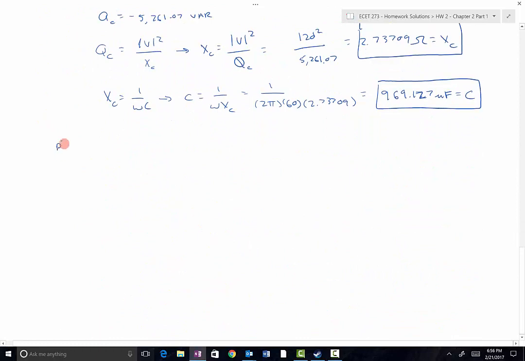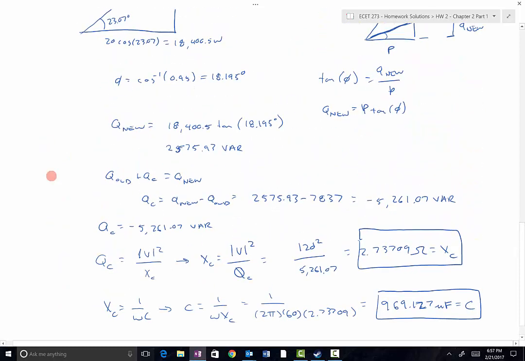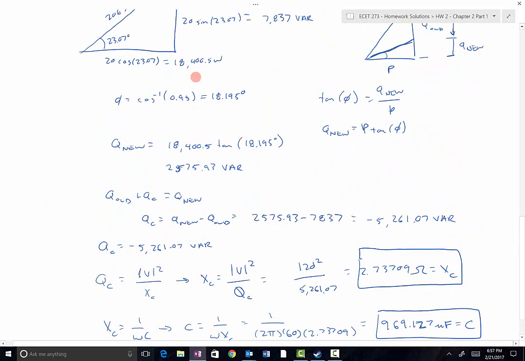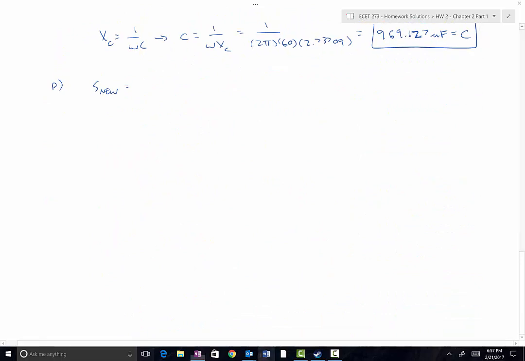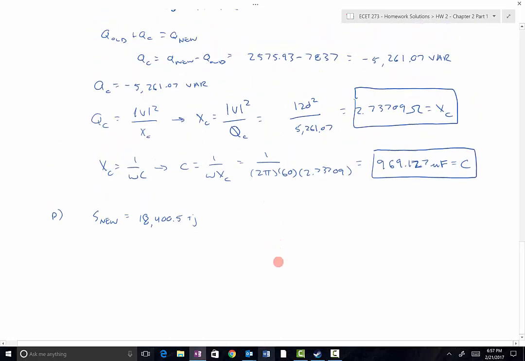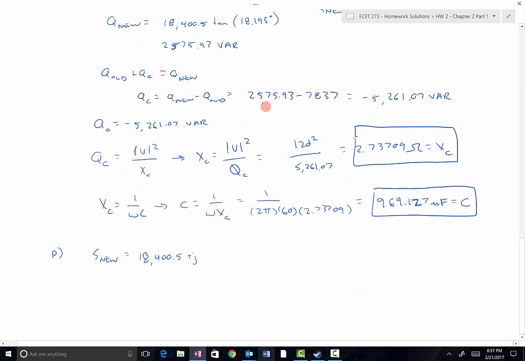So in part D, we say that the new power triangle is going to have the old real power, because we didn't change real power, so that's 18,400.5 watts. We do have a new Q that came from this value right here, 2,575.93.